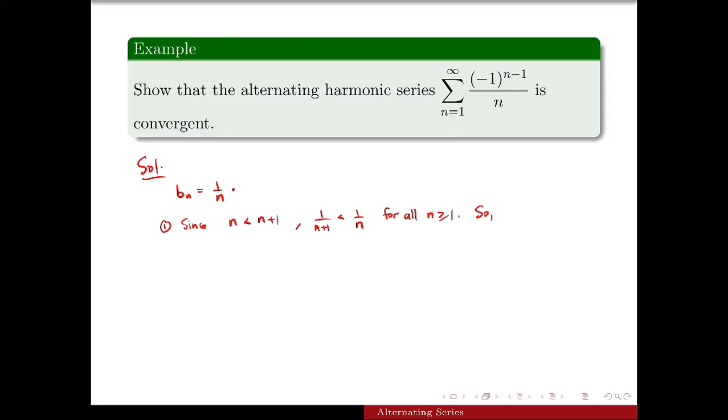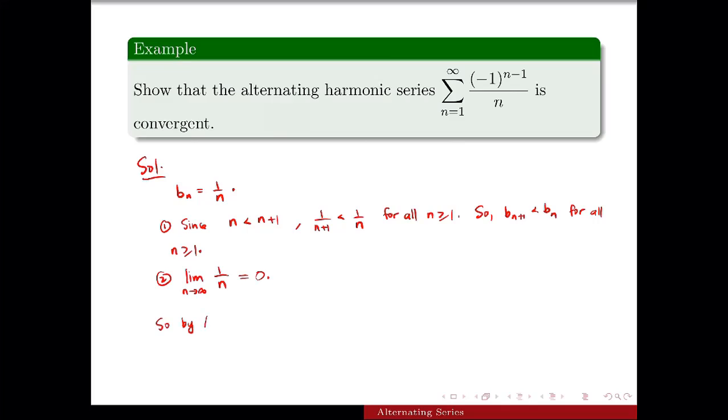So bn plus 1 less than bn for all n greater than or equal to 1. Meaning the sequence is decreasing. Number 2, obviously, the limit of 1 over n as n approaches plus infinity is equal to 0.